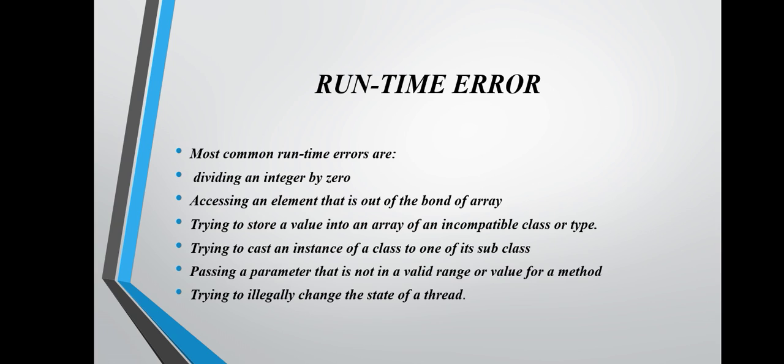Some runtime errors are: dividing an integer by 0, which gives infinity, so a program that divides a number by 0 gives a runtime error; accessing an element that is out of the bounds of an array; trying to store a value into an array of an incompatible type or class; trying to cast an instance of a class to one of its subclasses; passing a parameter that is not in a valid range or value for a method; and trying to illegally change the state of a thread.